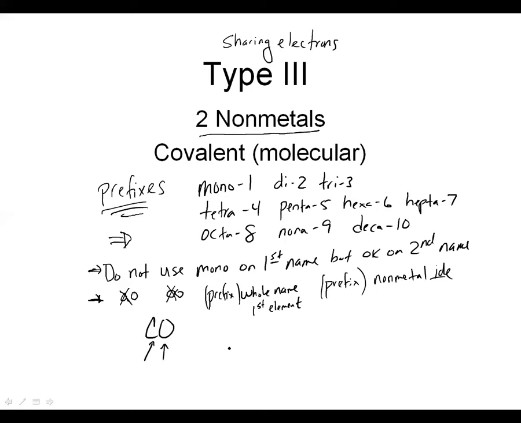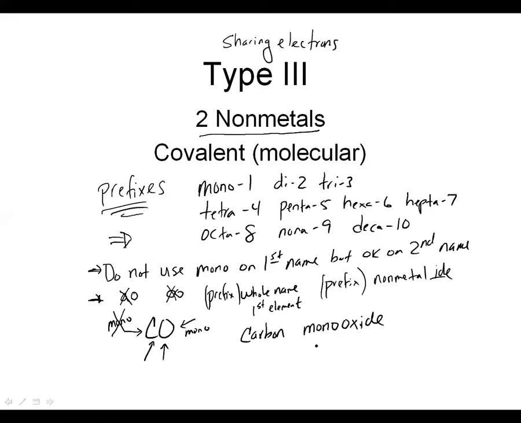So for example, if we look at something like CO, again here, carbon is a nonmetal, oxygen is a nonmetal. So that means we should use prefixes. There's only one carbon, so the prefix is mono. There's only one oxygen, so the prefix here would be mono. So if we go to name this, as we talked about, we do not use mono on the first name. So we would just use the whole element's name, which is carbon. And then we use that prefix on the second one, and the second guy is named the exact same way with the IDE.